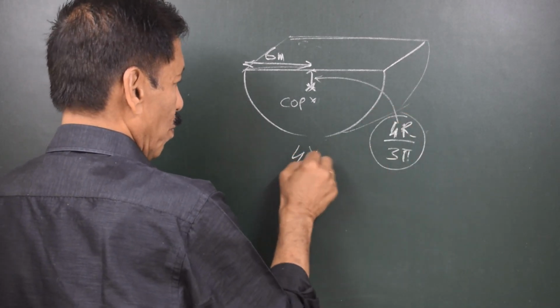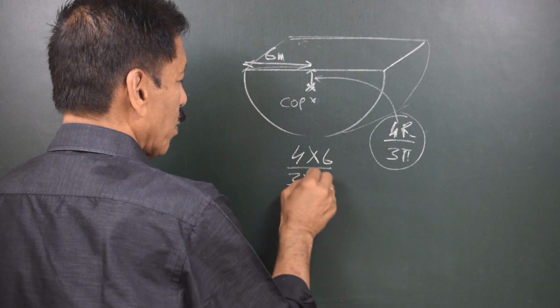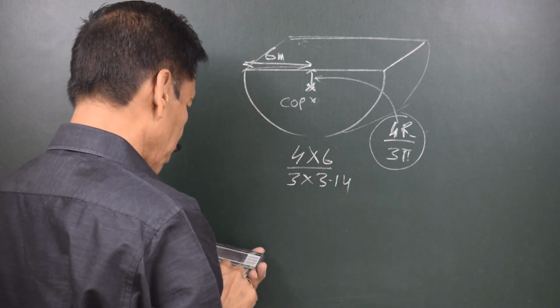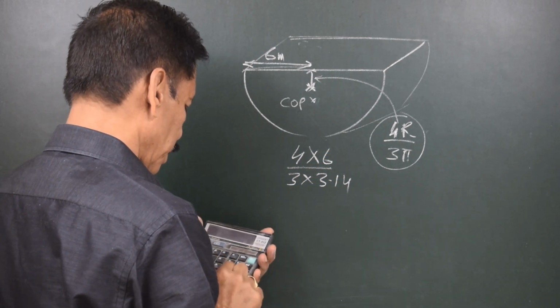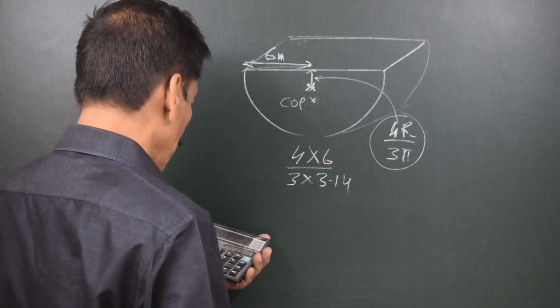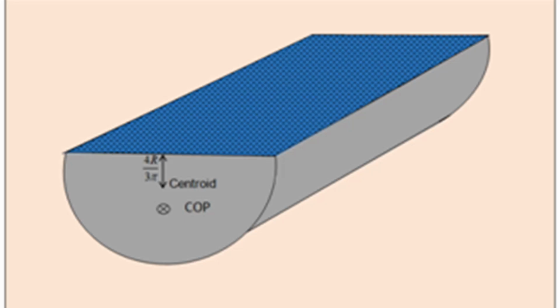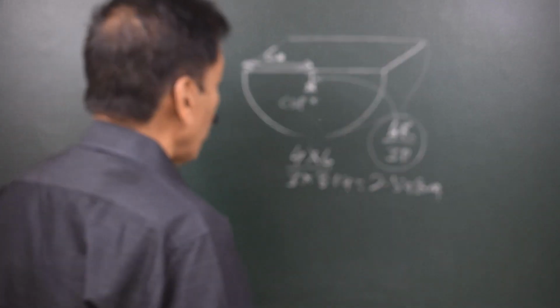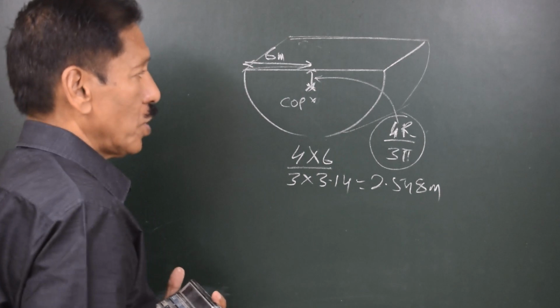That is 4 into 6 into 3 into 3.14. So 24 divided by 3.14 gives me 2.548 meters from the diameter. That is the position of the geometric centroid of the semicircular shape.